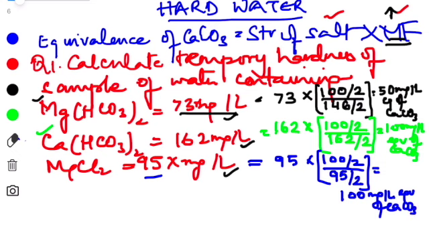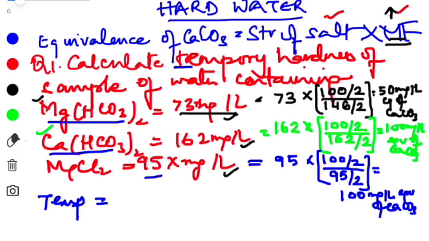Now all these salts whose concentration was given in the question, I have converted into the equivalence of calcium carbonate form. Now I will calculate the hardness, whether it is temporary or permanent or total or whatever it is. Here it is asking for temporary hardness only. So temporary hardness, I know, is due to the bicarbonates of calcium and magnesium.